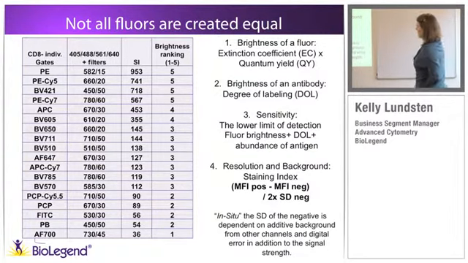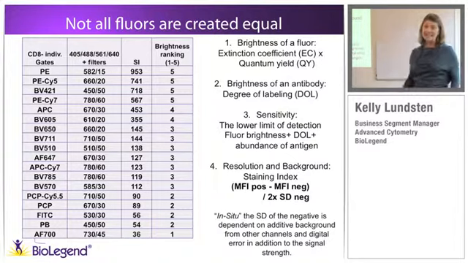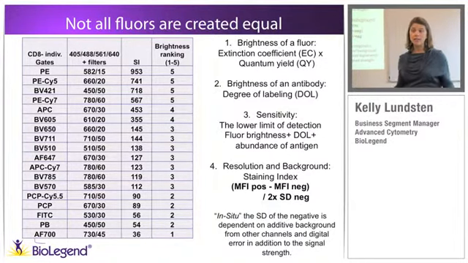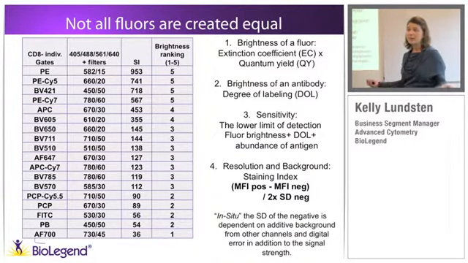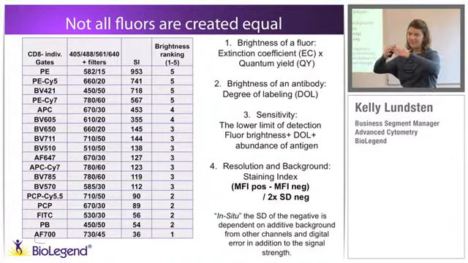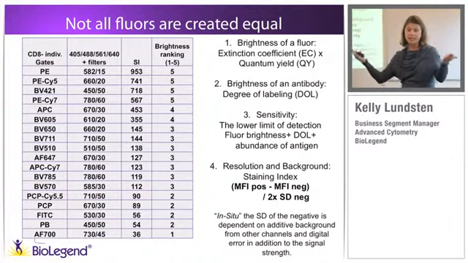Okay, so then there's always a consideration here as well. This was done, we call it staining index. It's not just signal to noise, because it's also just as important that we consider that the MFI negative will have a certain spread. It'll have a certain deviation or standard deviation from the center of that population.